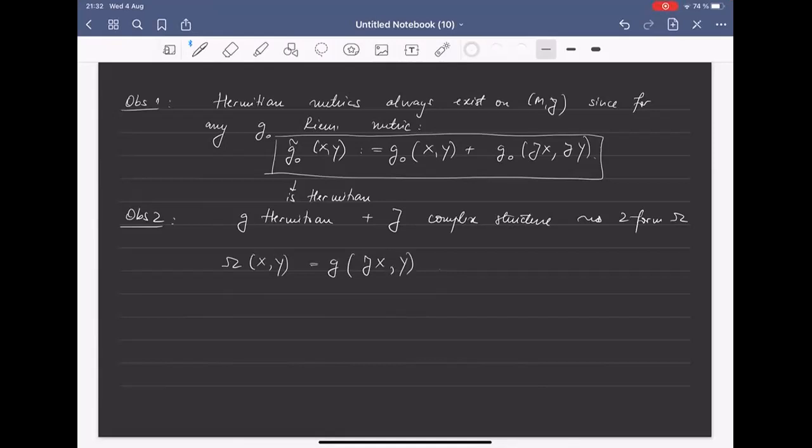Omega thus defined is a skew symmetric tensor, so it is a two form, that has two important properties. First of all, it is a (1,1) form in the sense that it preserves J.